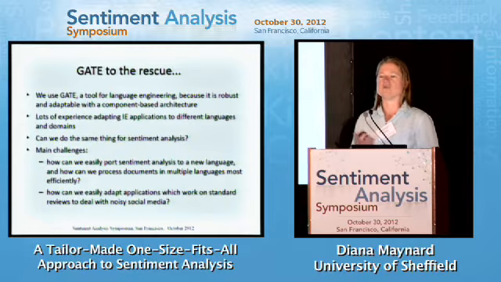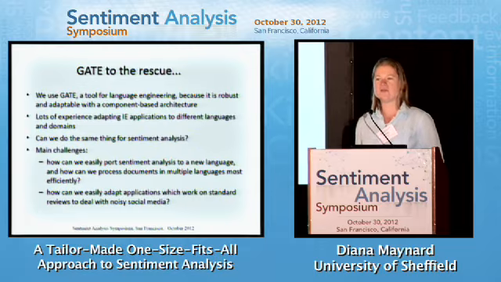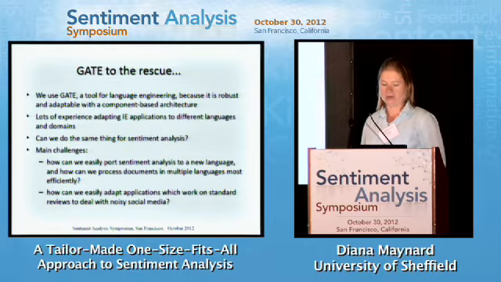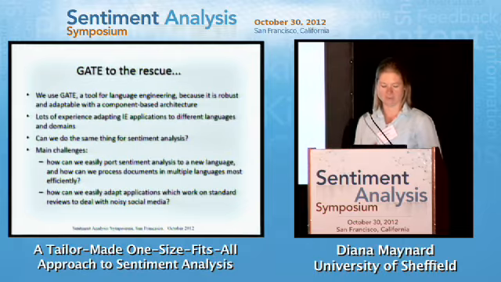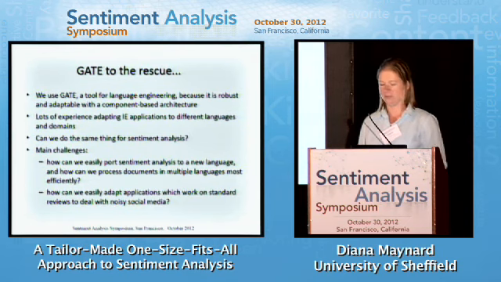So the question is whether we can do the same kind of thing for sentiment analysis. And the main challenges of this are how can we easily port sentiment analysis to a new language, and how can we process documents in multiple languages most efficiently? Secondly, how can we easily adapt applications which work on standard reviews to deal with noisy kinds of social media.